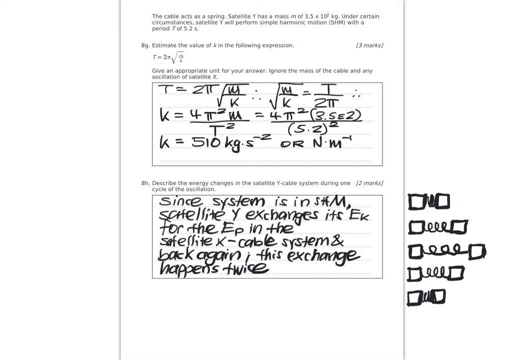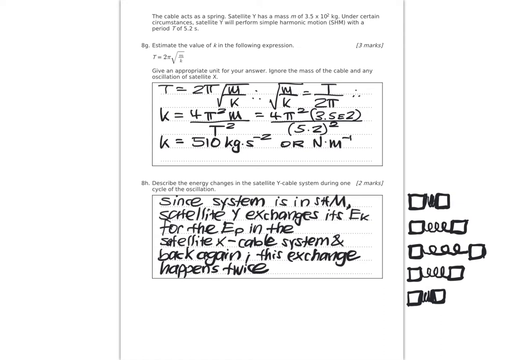It just changes the reference frame. I find it easier to explain. But it says, since the system's in SHM, satellite Y exchanges its kinetic energy for the potential energy in the satellite X cable system, and then back again. And then that exchange happens twice. So that's 2 points: describing the exchange, and saying that it happens twice.